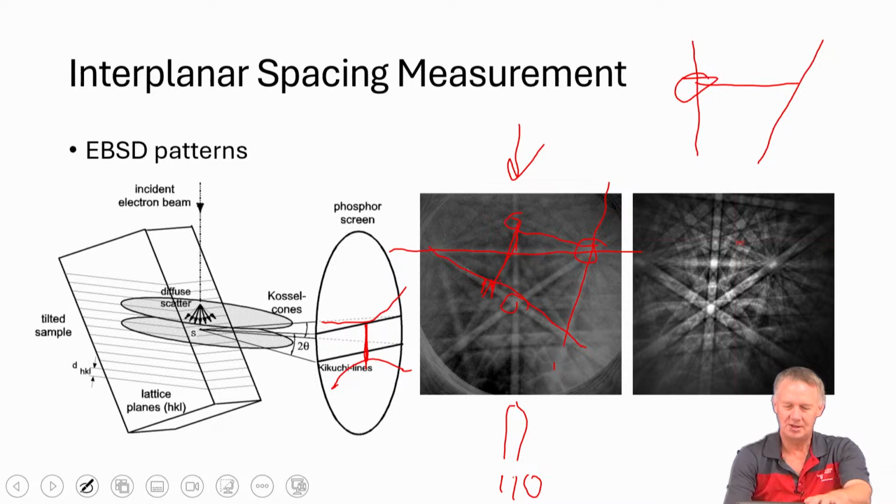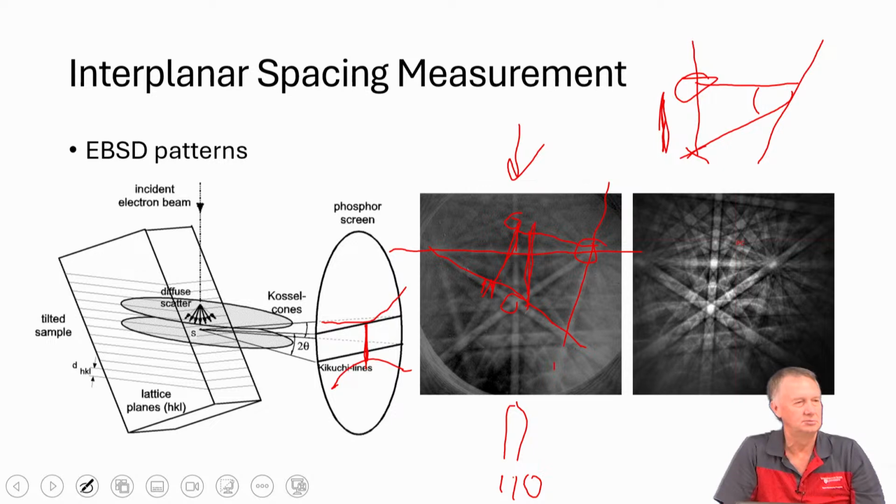So we can measure this distance, which tells us where the 111 is. So that's known. This angle is known, right? And we know it because we know this is 411, and we know this is 111.